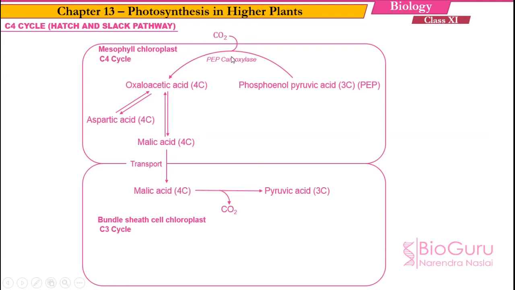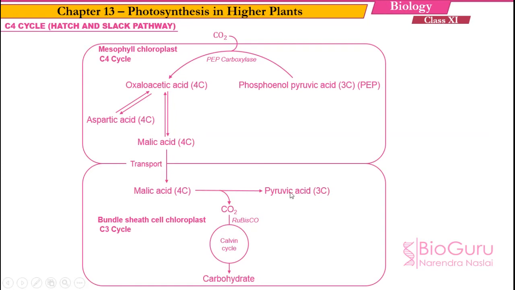The gaseous exchange is taking place in the mesophyll chloroplast, so from here it has to be transported in the form of a C4 acid, that is malic acid. Now what is going to happen with this carbon dioxide? As usual, it goes further into the Calvin cycle in order to produce sugar, that is the C3 cycle. Clear?